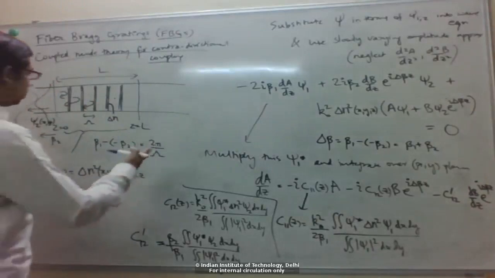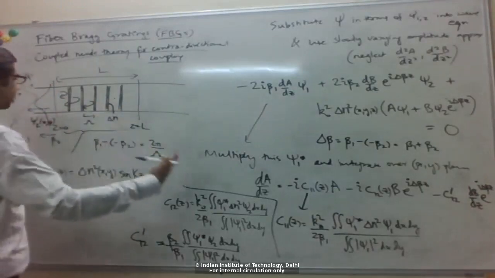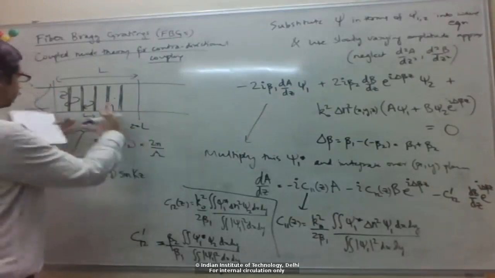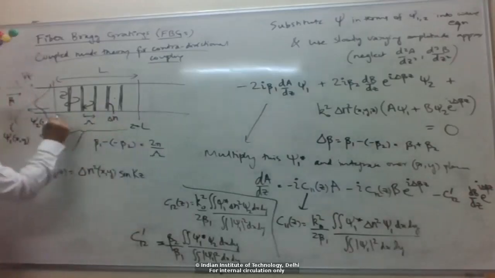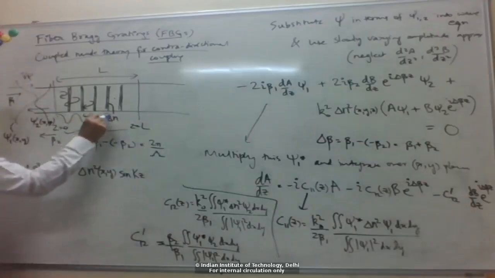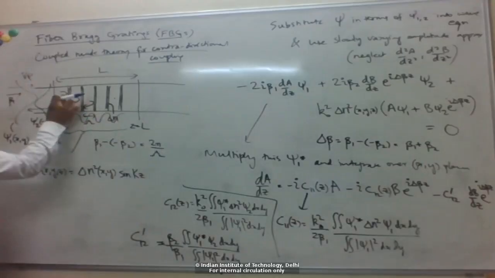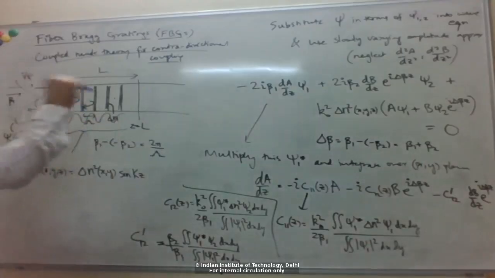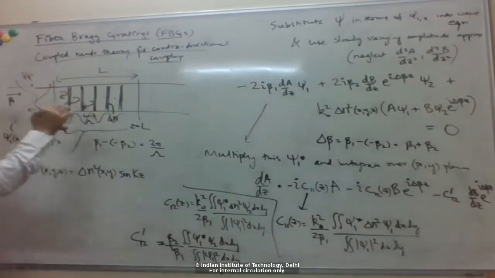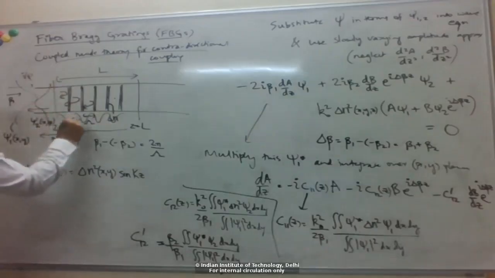Recall how this is made is by interfering these UV beams, right? So the interference pattern created is some sinusoidal pattern like that. It's not like a square wave where you have some region of high index and then another region of low index, but actually a smooth variation.